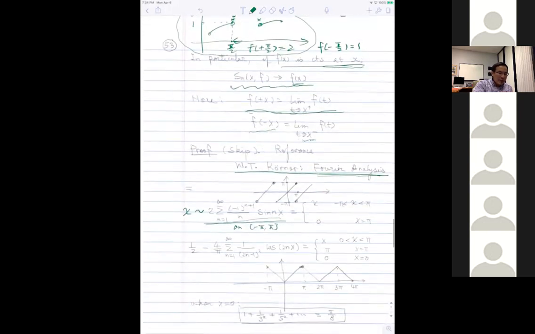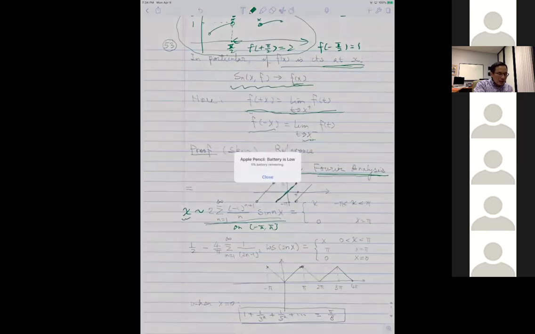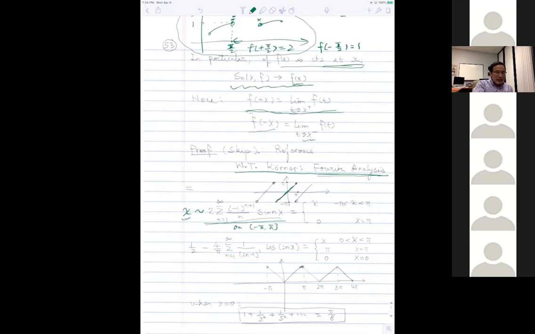Now, we come back to this example. This is the graph of the function f of x. The function, of course, after the periodic extension, is continuous on the points from negative pi to pi, but not including the endpoints.